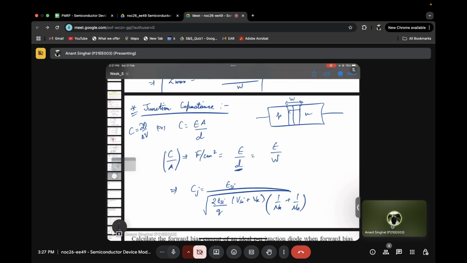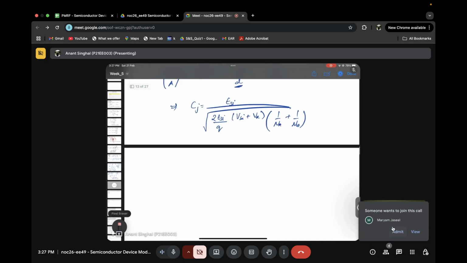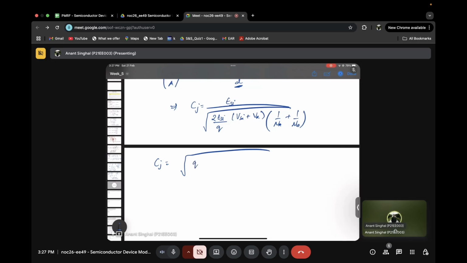So you can cancel out this epsilon, and from this, if you just do some calculation, your junction capacitance will come out to be Q epsilon S by 2, NAND over Na plus Nd, and this is 1 by VBI plus VR.